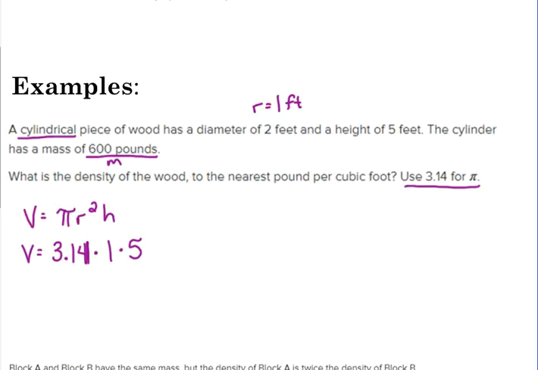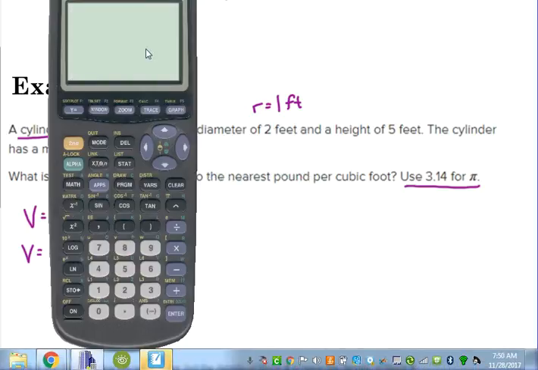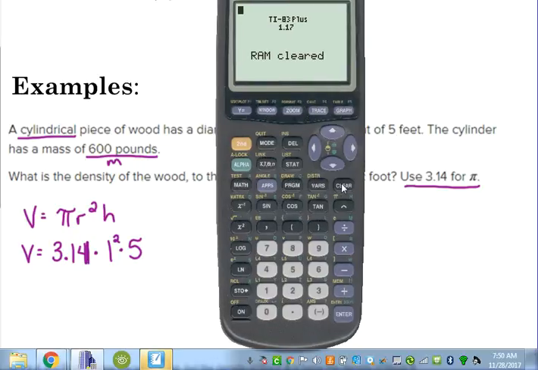They come out and give us that piece. So we've got everything we need now to figure out our volume. 1 squared is 1. So 3.14 times 5 is 15.7 is our volume.